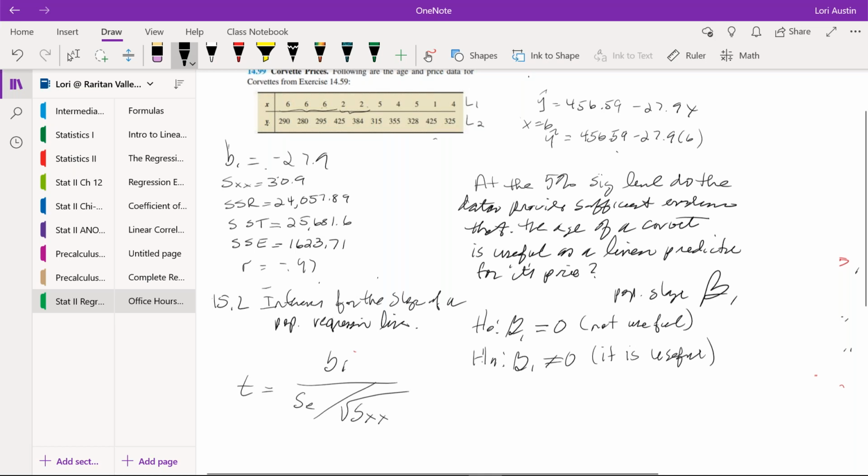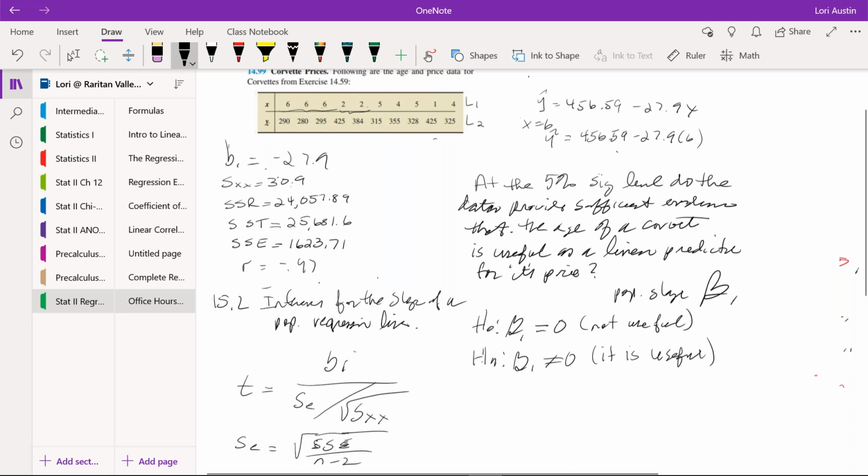We've already worked with b sub 1. You know that's the slope from the regression line. S sub xx, we actually did find; that's something that you'll either be given or you found already. The S sub b is a new one, but the formula should be on your formula sheet, and it is the square root of SSE over n minus 2, correct? It is SSE, yeah, over n minus 2.